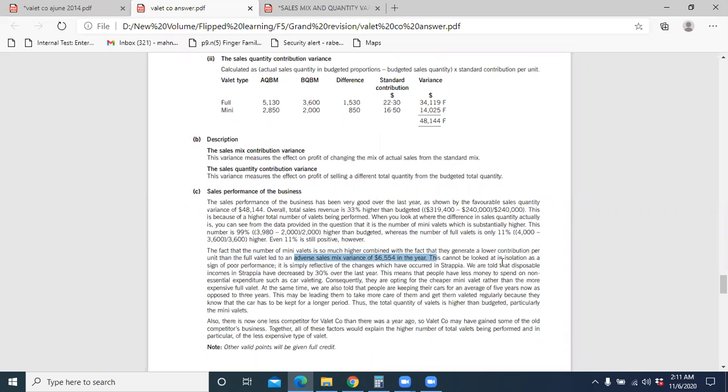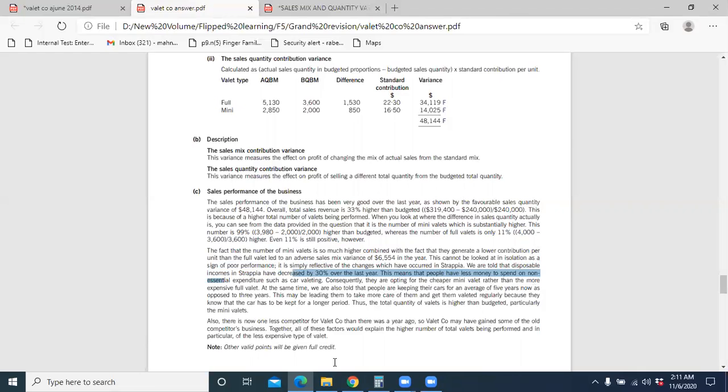This cannot be looked at in isolation as a sign of poor performance. It doesn't indicate a poor performance. It is simply reflective of the changes which have occurred in Strapia. We are told that the disposable income in Strapia has decreased.